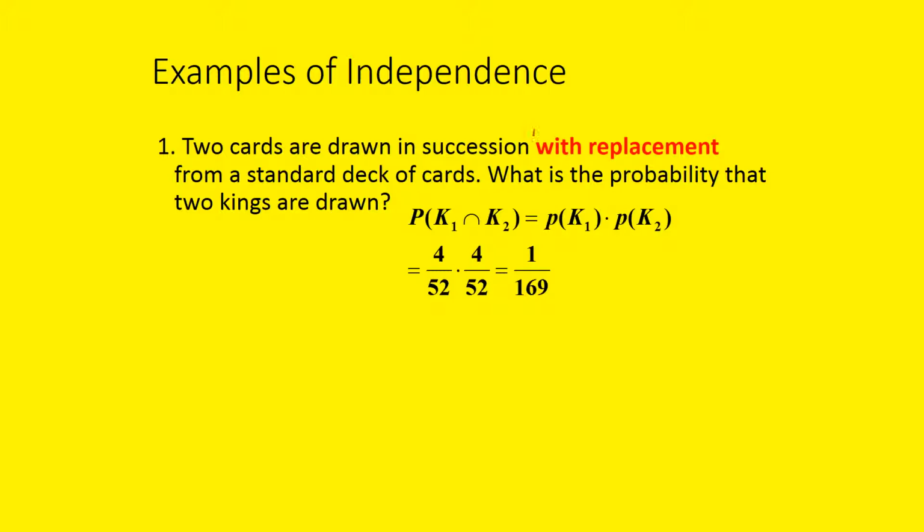With replacement is kind of another way of saying that you have independent events. We've already seen in a previous video how without replacement is another way of saying dependent events, but with replacement is a way of saying independent events.